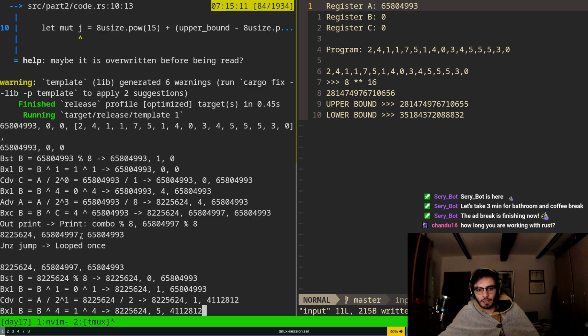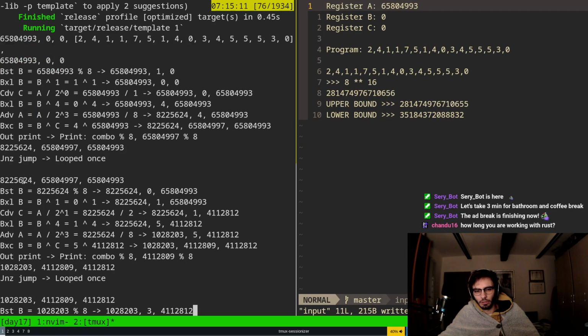Like in the first loop, this is 6, 5, 6, 5, 80, 49, 49. So this is 4 off in the first loop. The second loop, I wouldn't expect it to be anything.